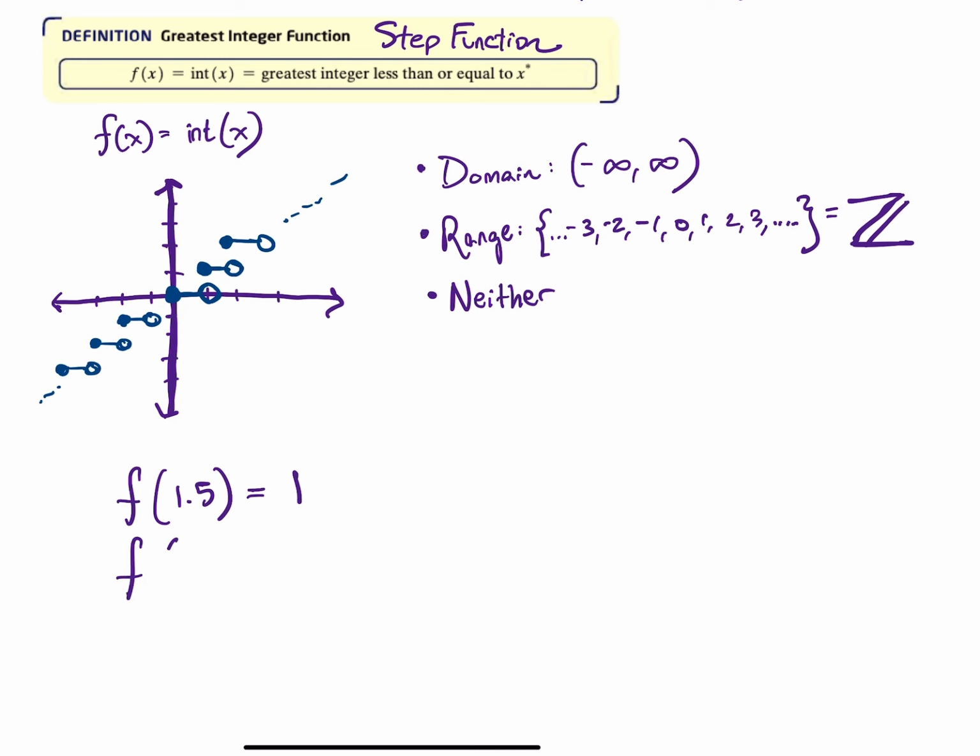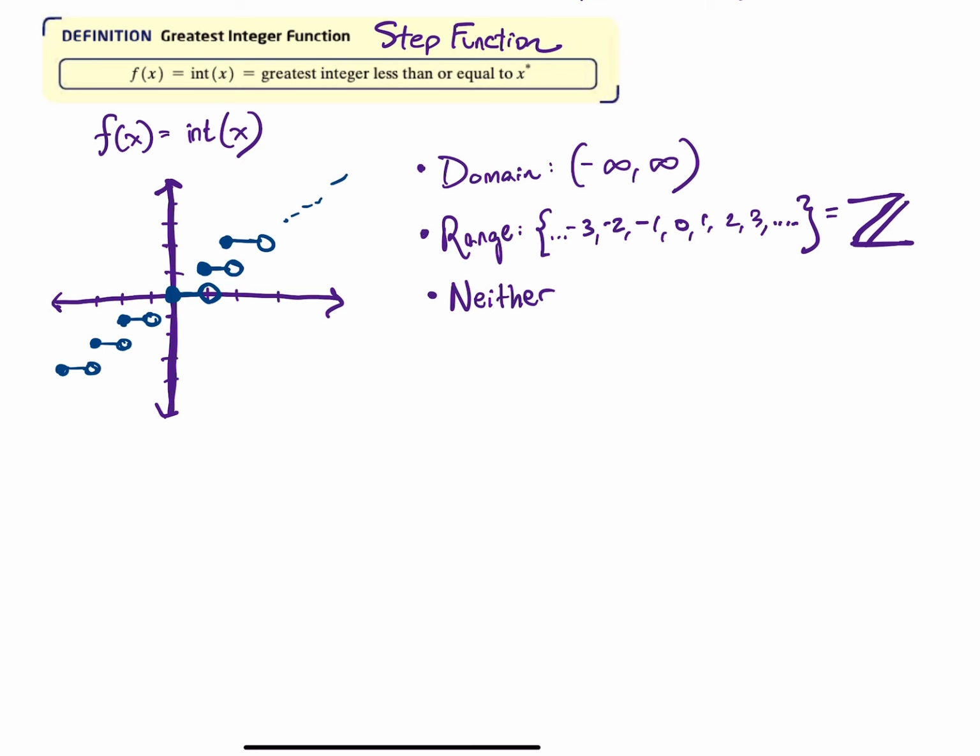If we were to plug in negative 1.5, well, the greatest integer less than that would be -2 and not -1. Yeah, so it sends it to the left. If this was actually symmetric, then it would round it up to -1. All right, so that'll confirm it for me. Neither even nor odd. I had to pause and check for a second.